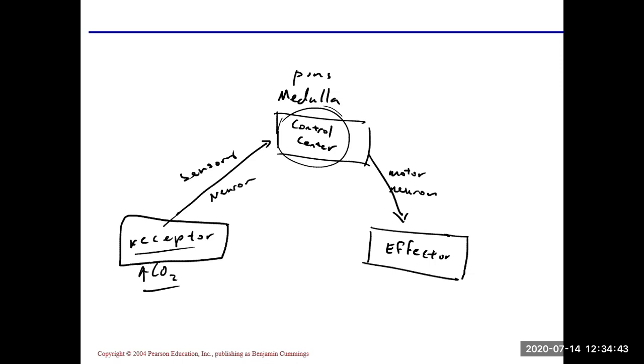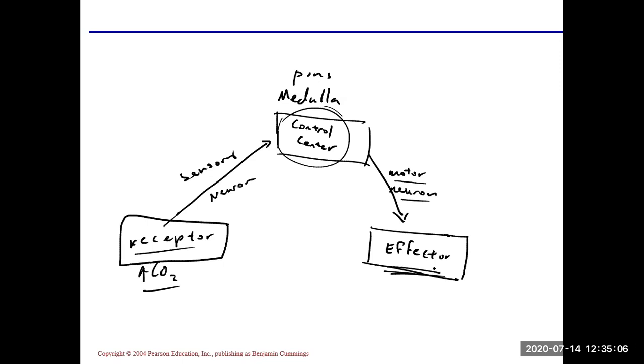Well, you might say, wait a minute, I thought the receptors were there. Yes, the receptors are there, but they can sense things and bring information to the control center, to the brain, inside of the medulla. Those receptors happen to be outside. All right, so now what? Now, via the motor neuron, information is going to exit and reach the effector.